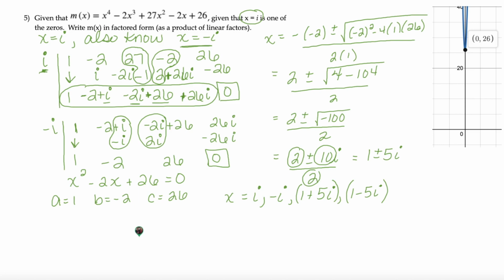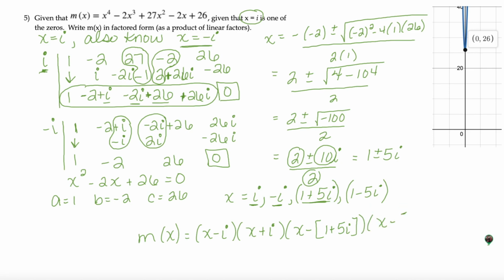So f of x in its factored form of linear factors is x minus i from here, x plus i from here, x minus (1 plus 5i) from here, and x minus (1 minus 5i) from here.